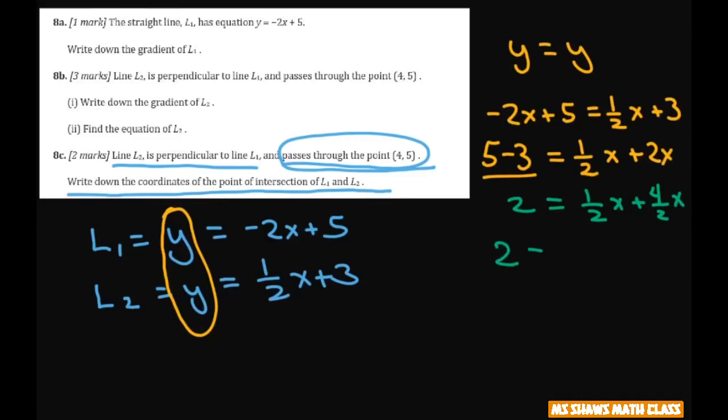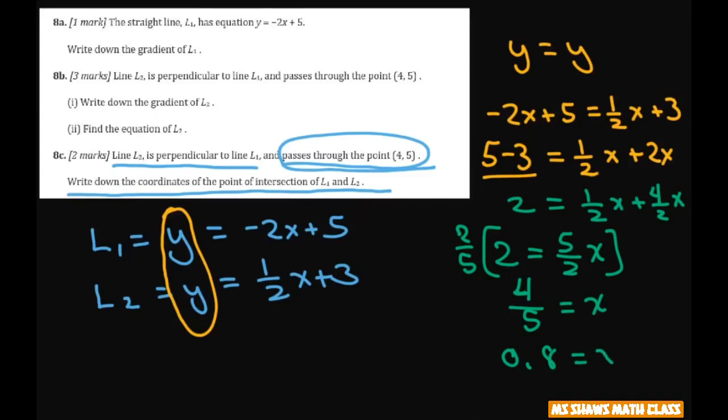So 2 equals 5/2 x, and multiply both sides by 2/5 to cancel that out. So you get 4/5 equals x, or you could say 0.8 equals x.